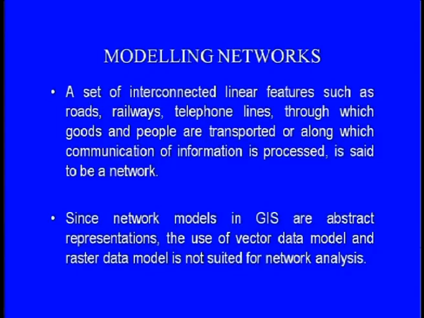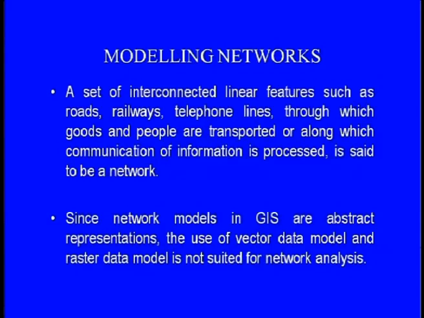A set of interconnected linear features such as a road, railway line, or telephone lines, through which goods and people are transported or along which communication of information is processed, is said to be a network.